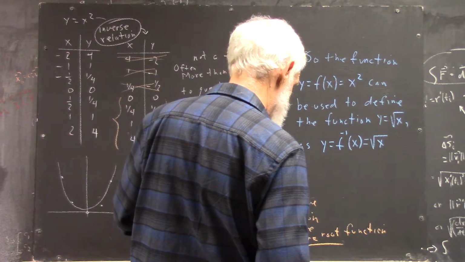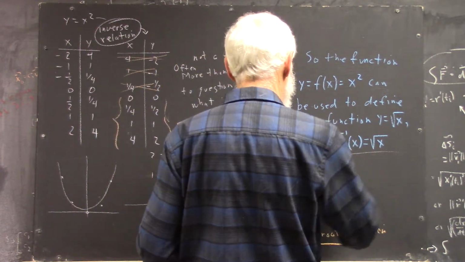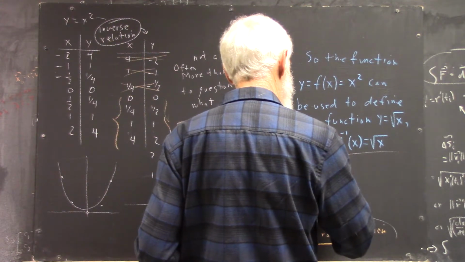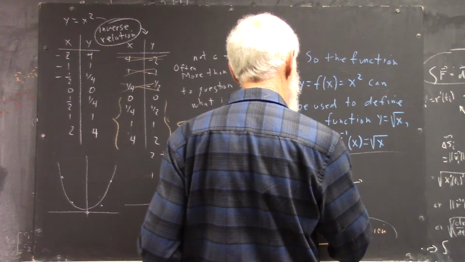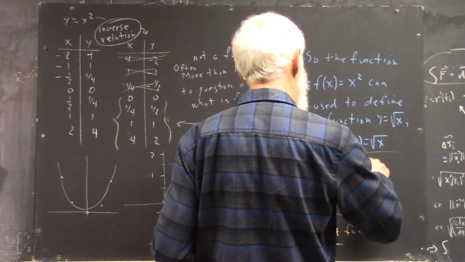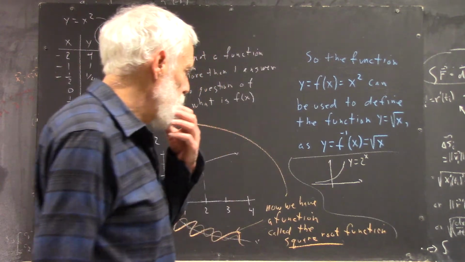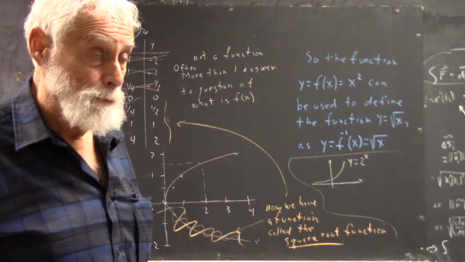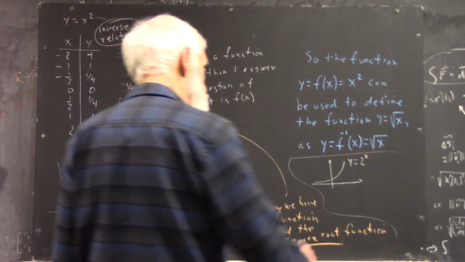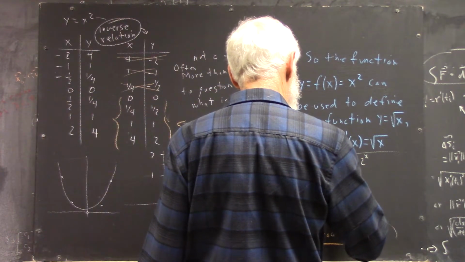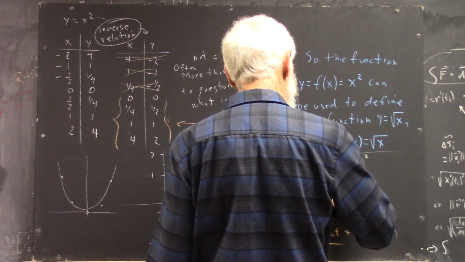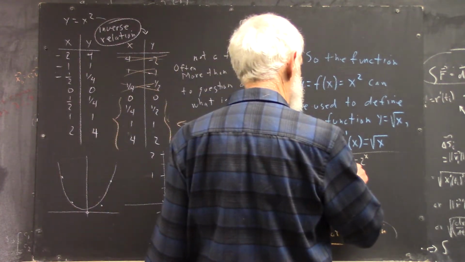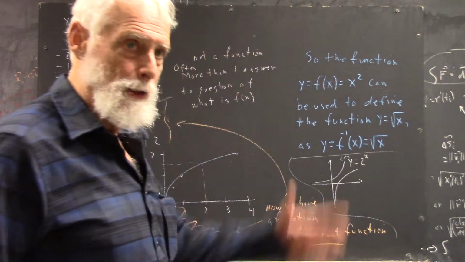I think I've actually said this in here, but I'm going to repeat it because it's well worth repeating. What do you get if you inverse the y equals 2 to the x function? Well, it turns out, if you do the table that I've asked you to do for homework, you get a function that looks just like this. So this is y equals 2 to the x, and everybody can make that table.